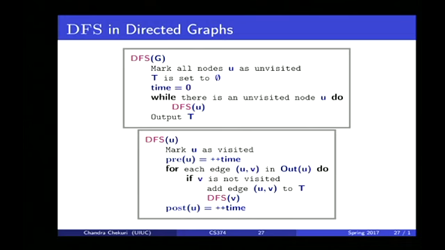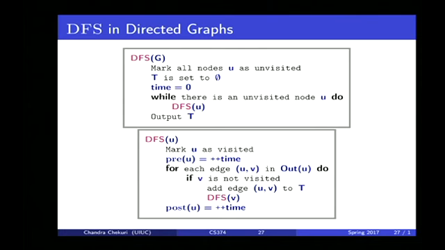But we'll see an example, and it turns out that it still is very useful. It is counterintuitive; it is not immediately obvious that it has any value. But the algorithm is the same. You initialize all nodes as unvisited, you start time at 0, and you do the same recursive exploration, but now it's a directed graph, so you're only looking at the outgoing edges.